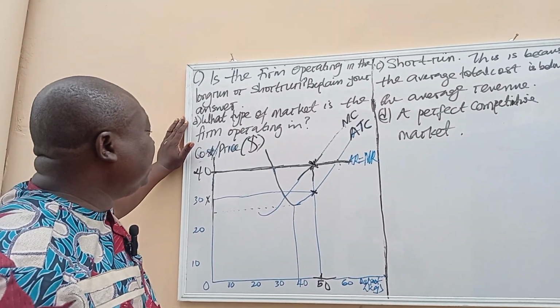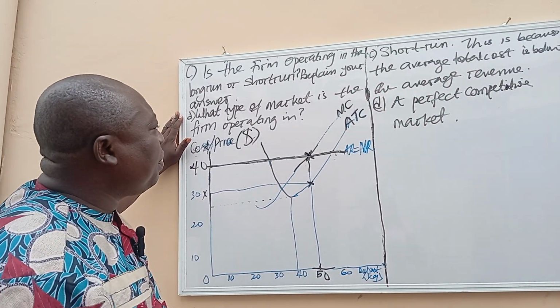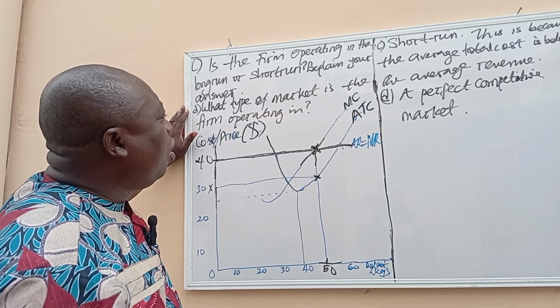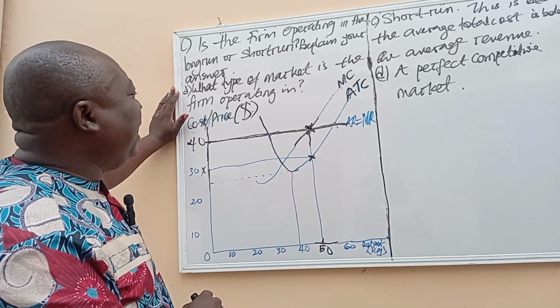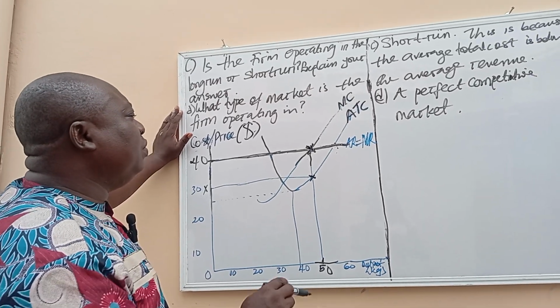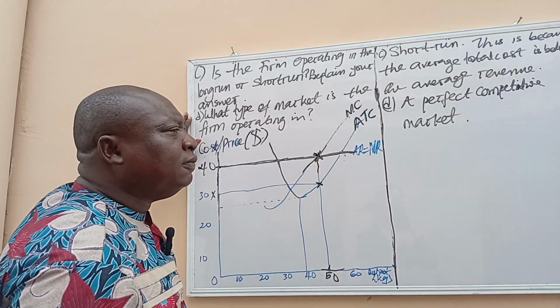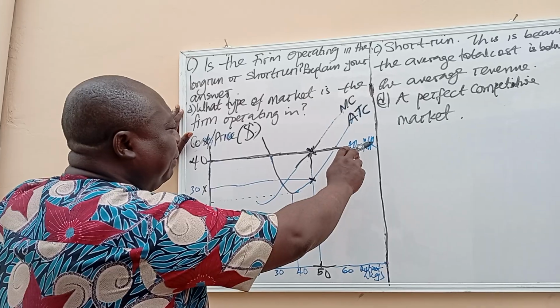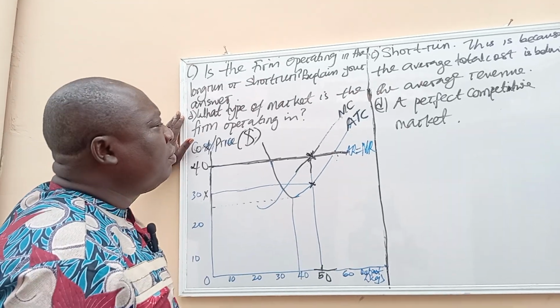In a perfect competitive market, as I've said before, your price or your marginal cost and marginal revenue are always equal. Average revenue and marginal revenue are equal.